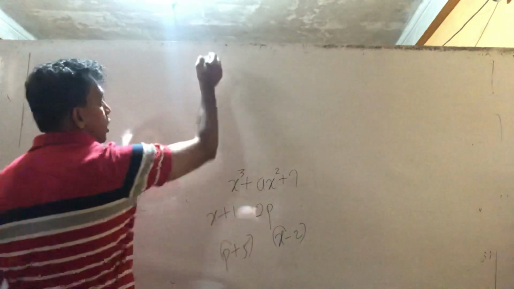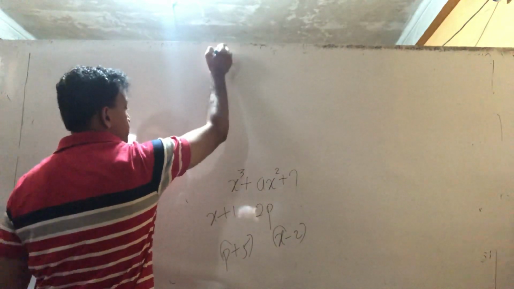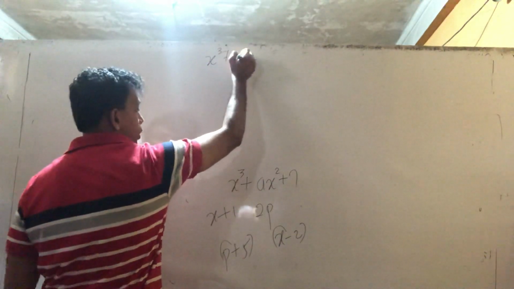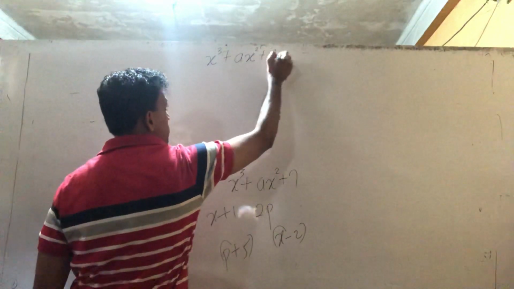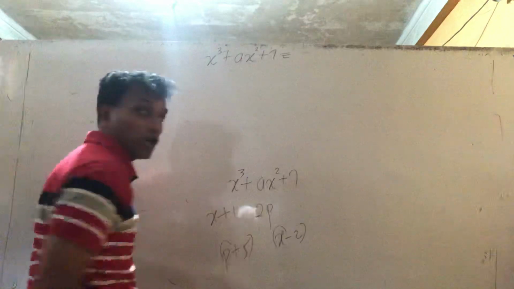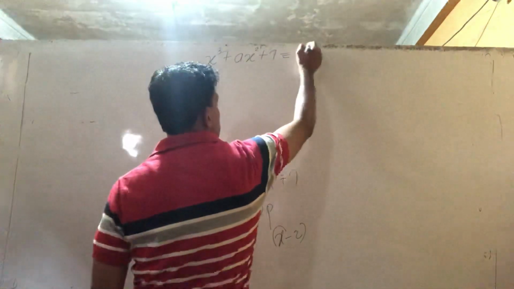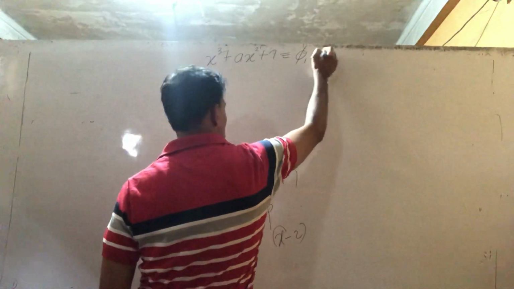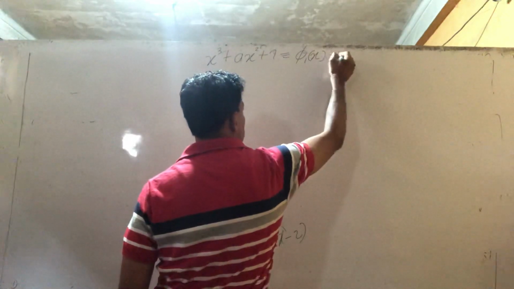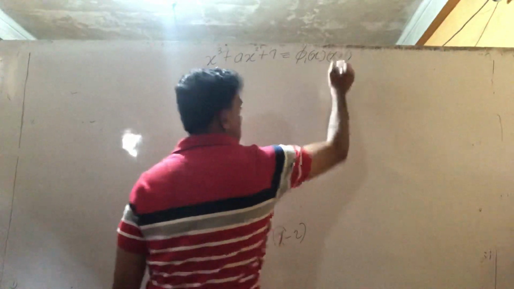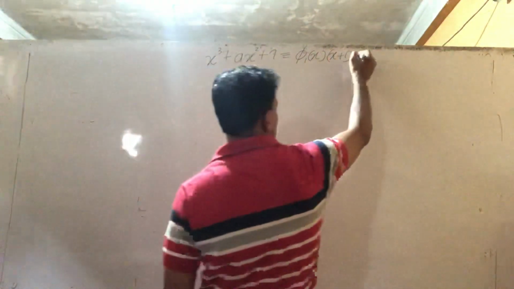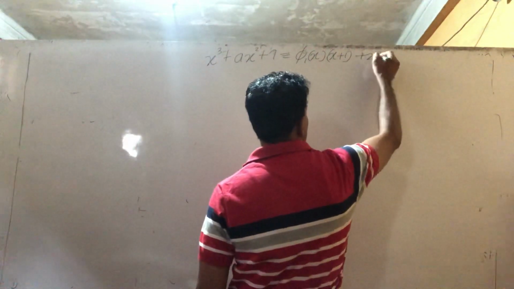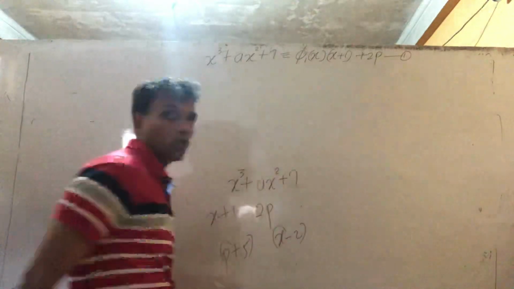So x cubed plus ax square plus 7 is identically equal to quotient into divisor x plus 1, plus the remainder 2p. This is your first equation.